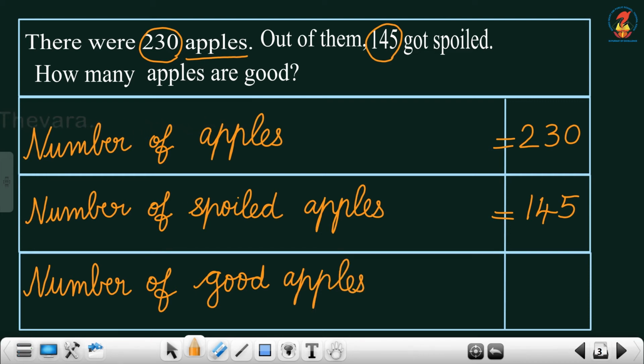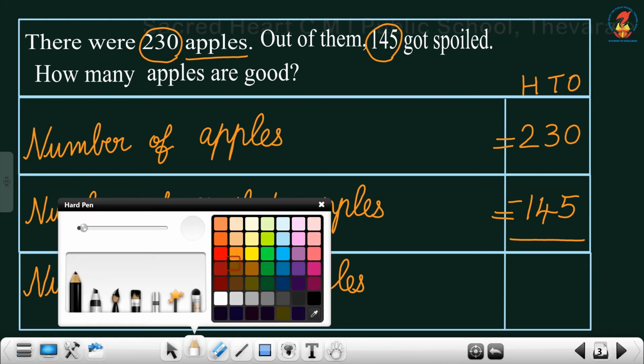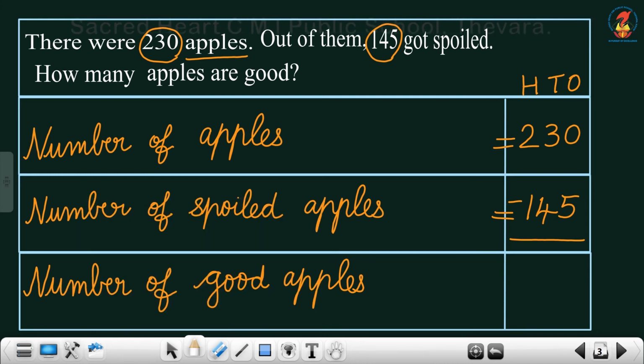For that also you have to subtract the given numbers, isn't it? So 230 minus 145, and here also we can write hundreds place, tens place and ones place. Since this is a 3-digit number, we are writing hundreds place. Okay. Now as I told you, we can take another color so that it will be more clear for you.